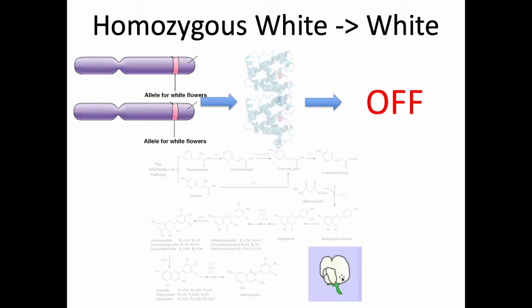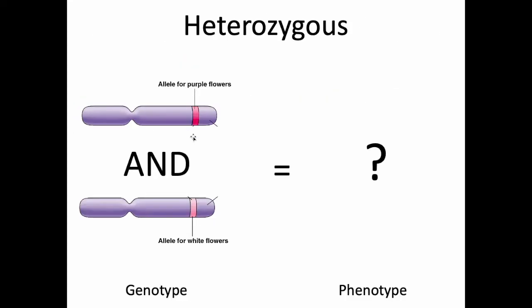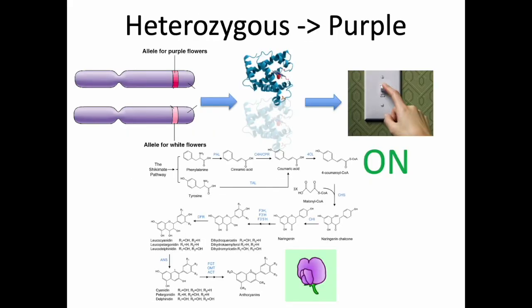Now, I brought all of this up so that we could understand what happens in the heterozygous situation. So for this gene, for these alleles, what happens in a heterozygous situation? Well, for heterozygous, we have a purple flower allele. This allele encodes this switch protein, which could switch on the pathway and make purple. But we also have the white flower allele.